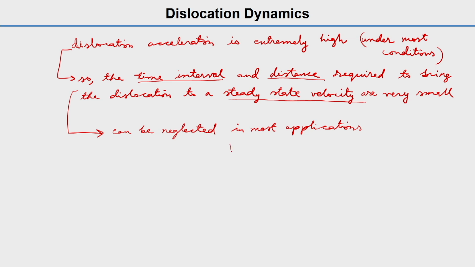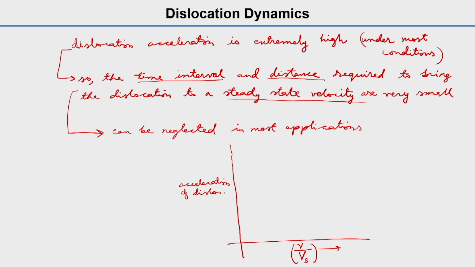So this can be plotted. In the x-axis, dislocation velocity small v divided by shear wave velocity capital Vs, and in the y-axis, acceleration of dislocation, in terms of 10 to the power 18 meter per second square, a very very high value.